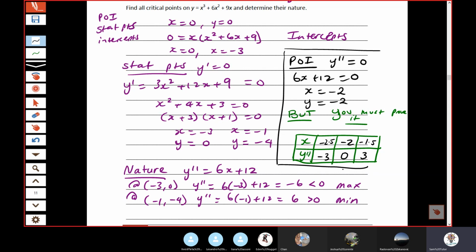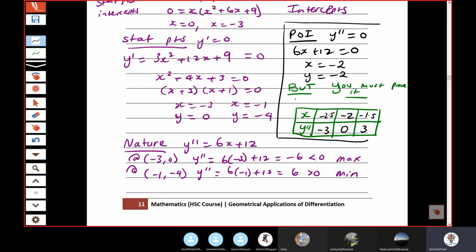And all you have to say now, you have to say this, since change in concavity. Wait, before I continue, why is that a concavity? What do we know about y double dash being less than 0, Tiana? Y double dash being less than 0. That's a max.